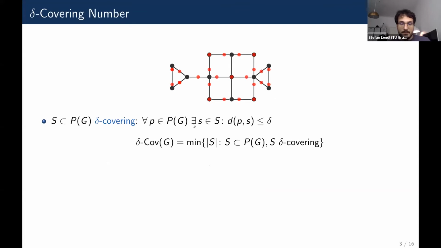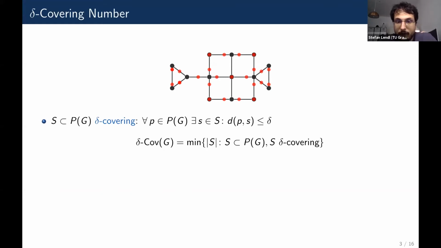Now, the optimization problem we want to study in this model is the delta covering number. For this, we define a set of points, like the red ones on the top here, as a delta covering if for every point in the graph, so every arbitrary point on the edges or vertices, there exists a point S in our selected set of distance at most delta, and delta is an arbitrary non-negative number.